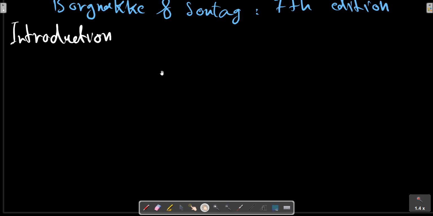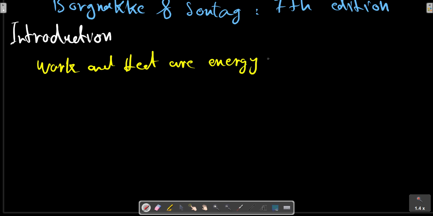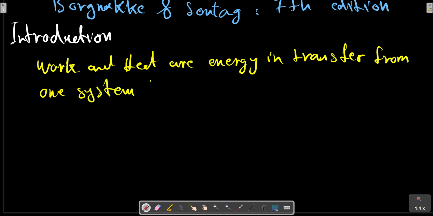Work and heat are energy in transfer from one system to another, and they play a crucial role in thermodynamics.